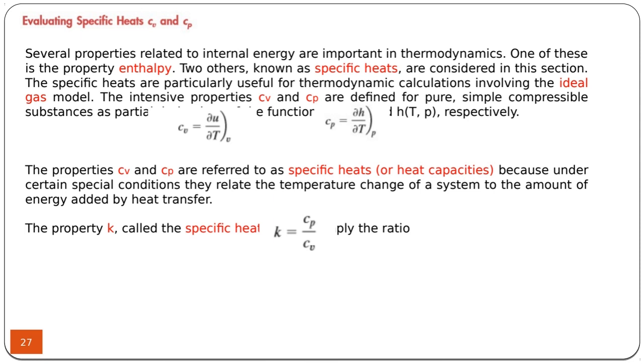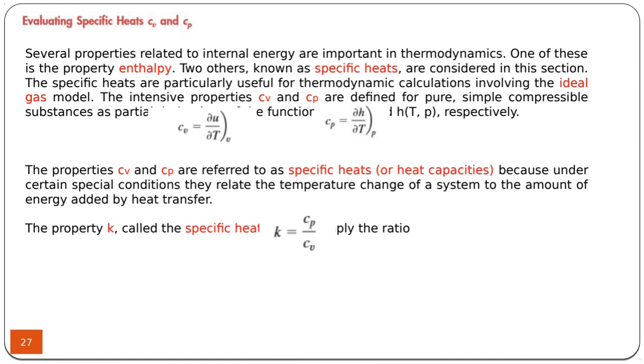The constant volume specific heat is obtained from the partial derivative of internal energy with respect to temperature, and the subscript V means that it's under constant volume. And constant pressure specific heat is obtained from the derivative of enthalpy with respect to temperature, again, but at constant pressure.